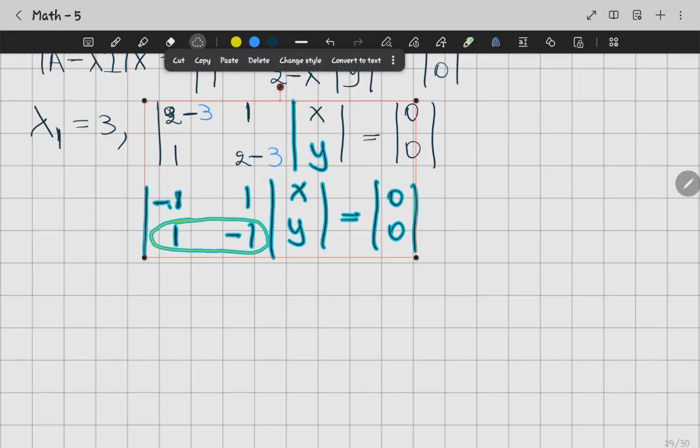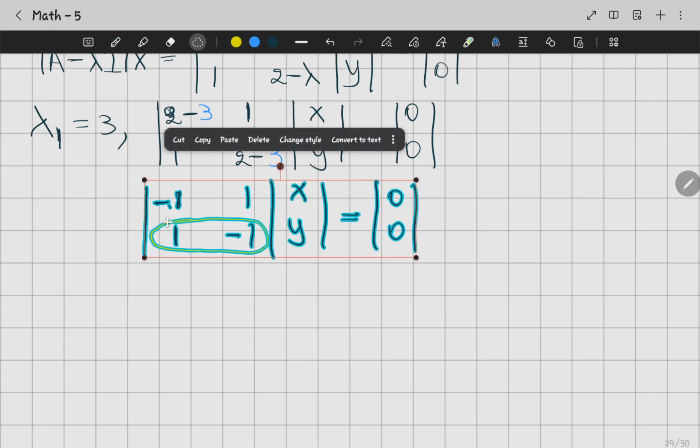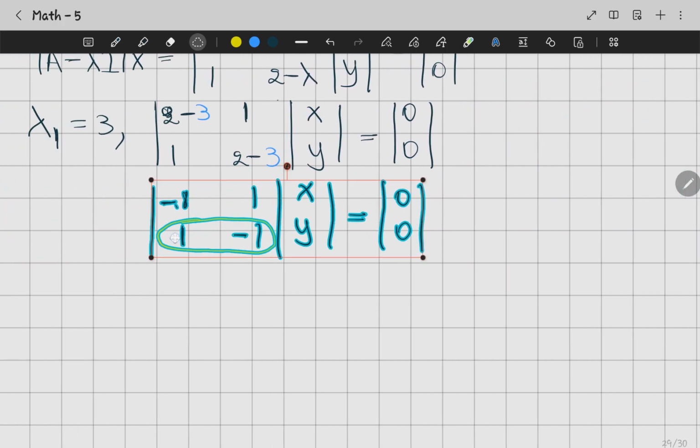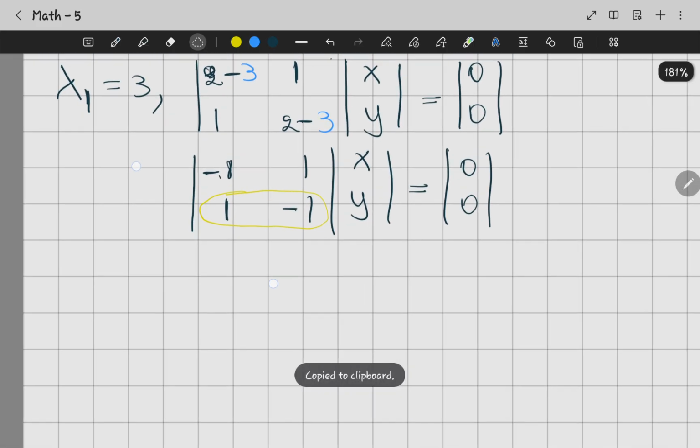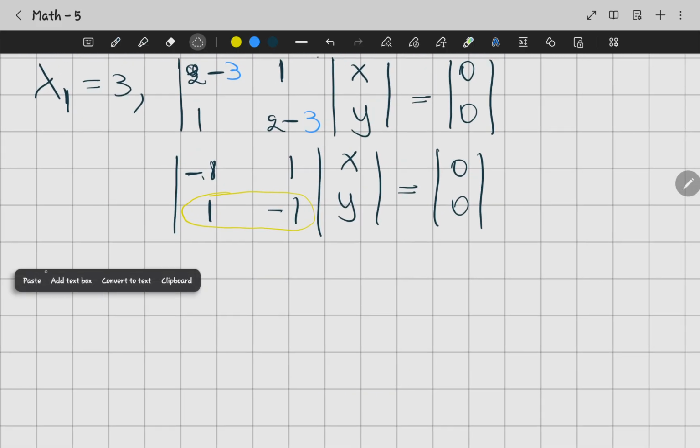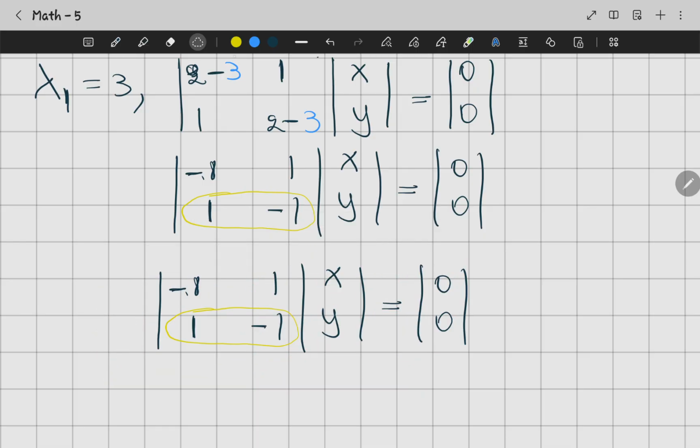So we have something like this. Let me just copy it and replace 0. After that I'm going to multiply this matrix, this column and that row. What I'll get is negative x plus y equal to 0.